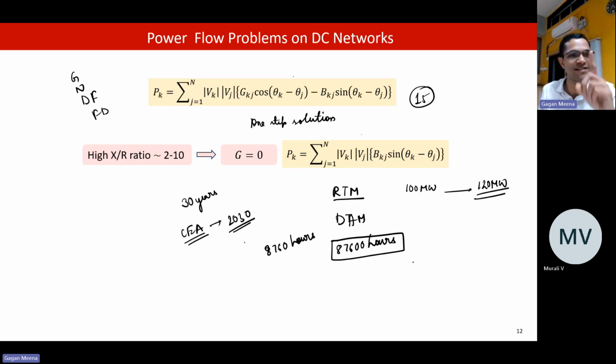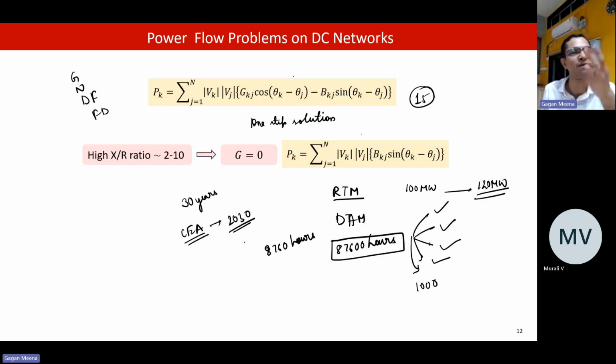For each hour you have several constraints: for transmission lines, for generators, for HVDC lines, for FACTS devices, so many constraints. Then the problem size becomes large; these constraints can be more than 1,000.